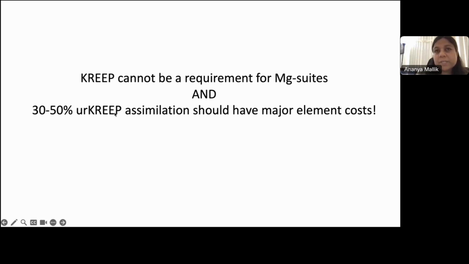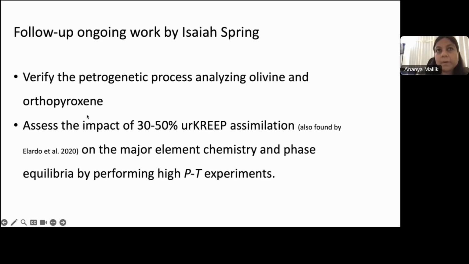And so 30 to 50% assimilation of that iron-rich liquid would have a severe penalty on the Mg number of the liquid overall. This is why we are following up on the work that Isaiah just did, verifying this petrogenetic process. He already analyzed the plagioclase from that sample, but we are also going to analyze olivine and orthopyroxene to see if that same story holds up.